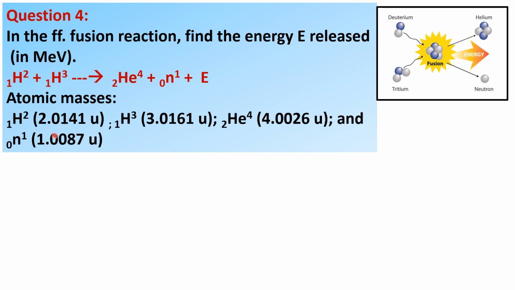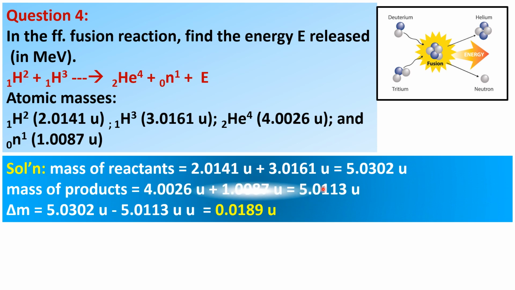So using the following atomic masses for deuterium, tritium, helium, and the neutron, we will find first the delta M, or the mass difference between the initial and the final nuclides. For our initial nuclides, their total mass is 2.0141 plus 3.0161, a total of 5.0302 atomic mass unit.